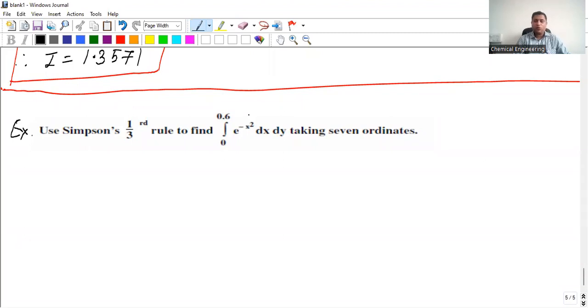So that means we have 6 intervals. Okay, so this we need to understand. So we go with the solution.